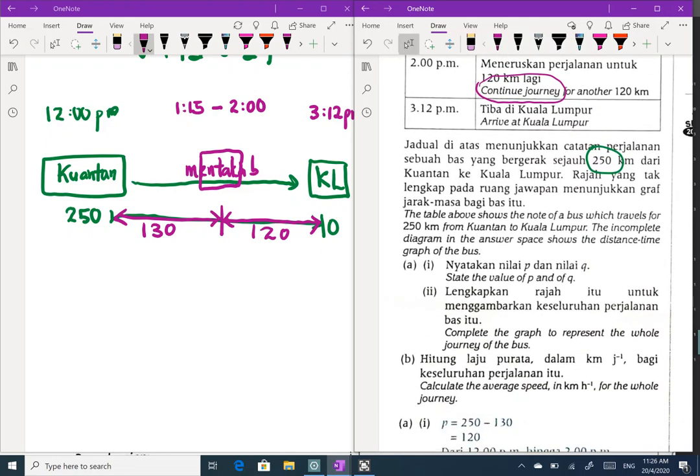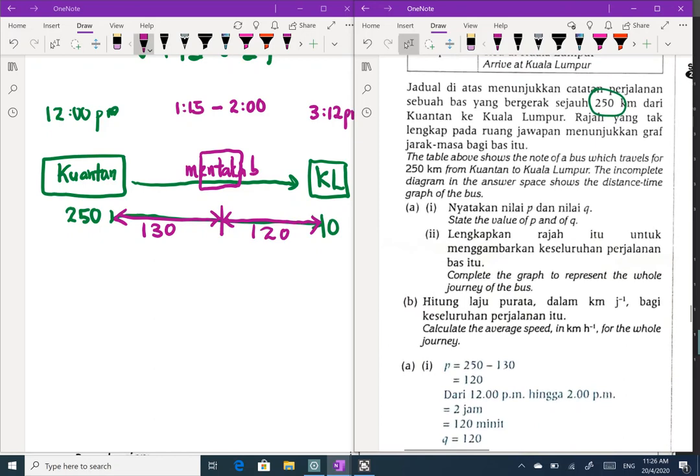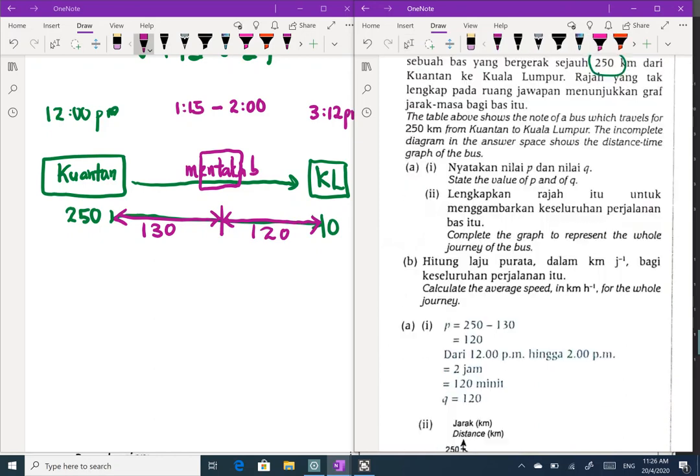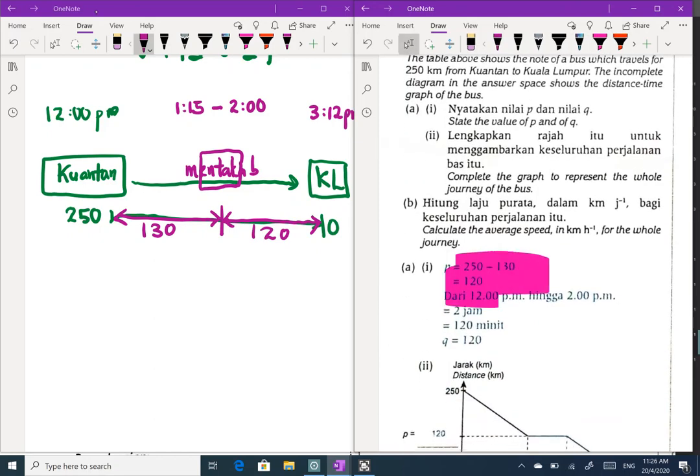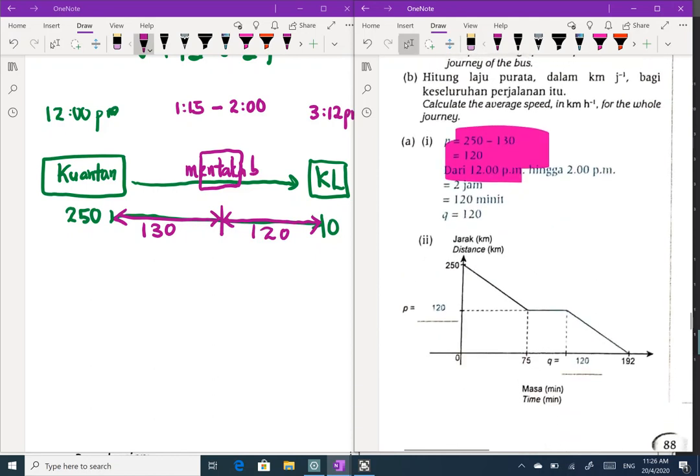State the value of P and Q. Okay, I want to know the P and the Q. How do I get the P and Q? This is speed 0.